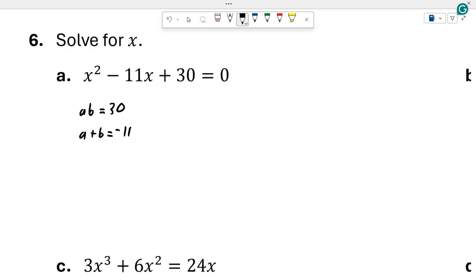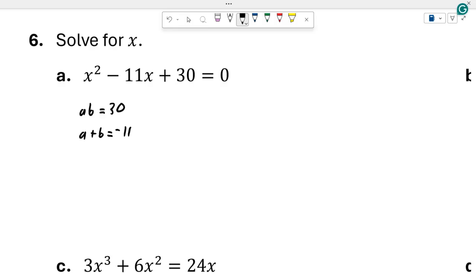So the fact that the 30 is positive tells us that the two numbers we're looking for are the same sign. I also know that when I add them together, I get a negative number, negative 11. So if they're the same sign and you add them and get a negative number, it means that both of them are negative, right? So we're looking for two numbers that happen to both be negative, that when you multiply them, you get positive 30, and when you add them together, you get negative 11.